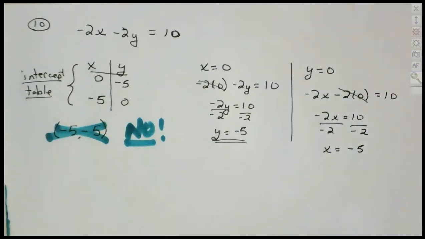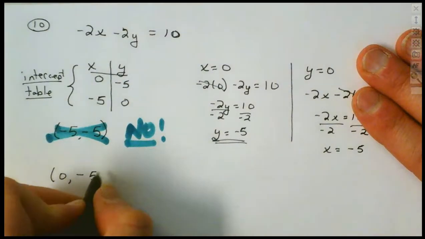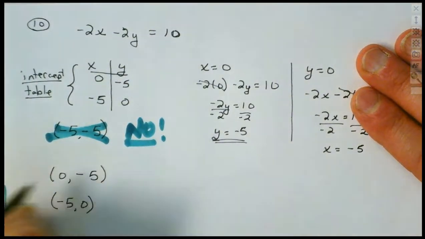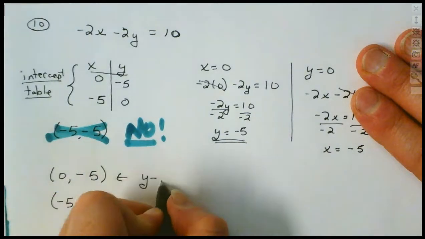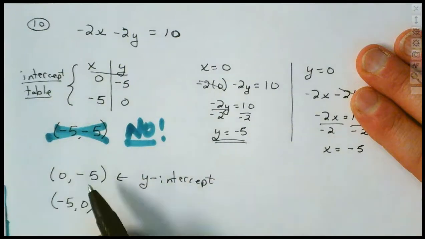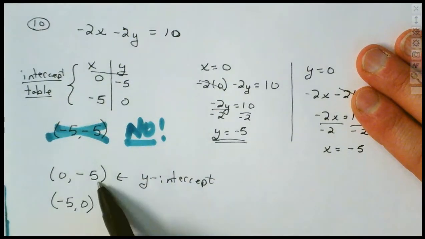Our answers would be (0, -5) and (-5, 0). This one is the y-intercept. How do I know that it's the y-intercept? I know that it's the y-intercept because x is 0 and I have a y value. That's so you remember.